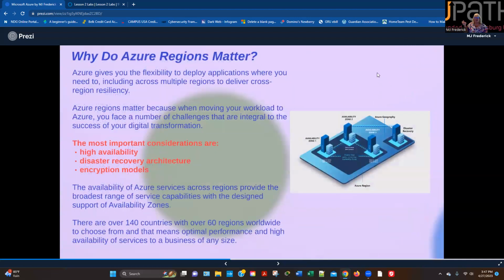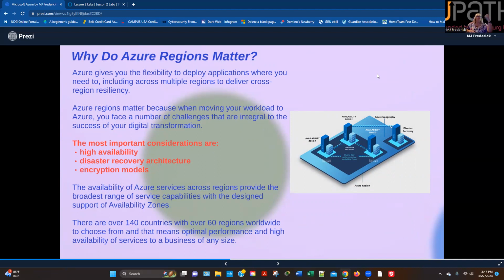Now, why do they matter? They give you the flexibility of deploying your applications where you need to, including multiple regions to deliver what's called cross-region resiliency. It matters when you're moving your workload to Azure, because if you're going to move it all, and you decide we're going to move everything to Azure, we're going to become Azure.